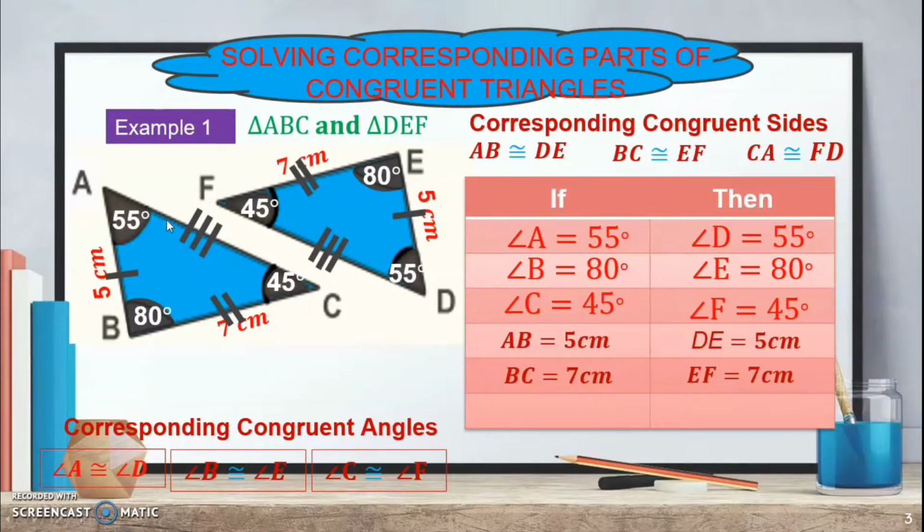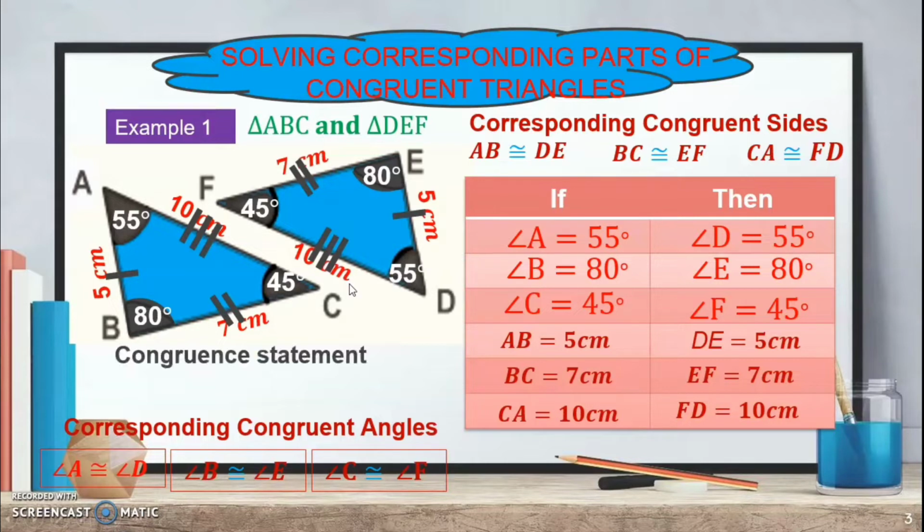And the last side is side CA. Kung ang side CA ay 10 cm, then side FD is also 10 cm. Our congruent statement is triangle ABC is congruent to triangle DEF. So, congruent yung dalawang triangle natin.